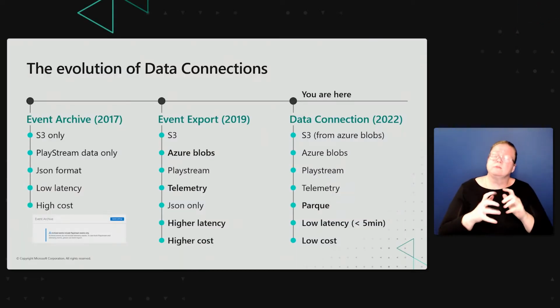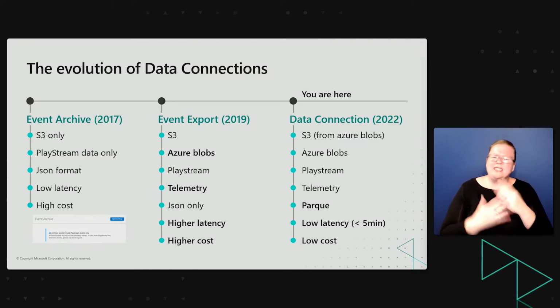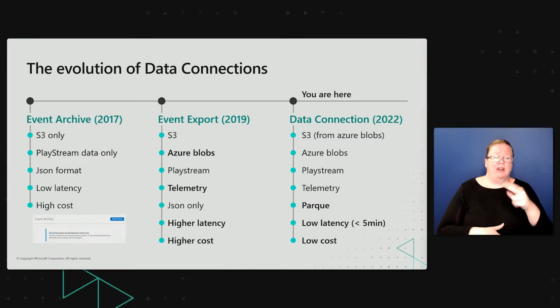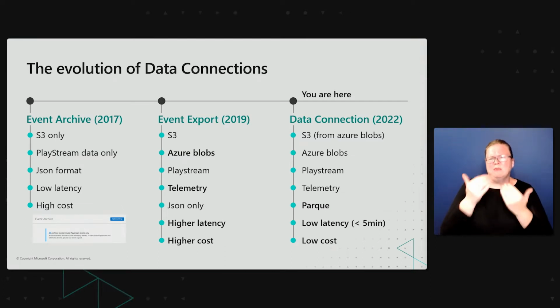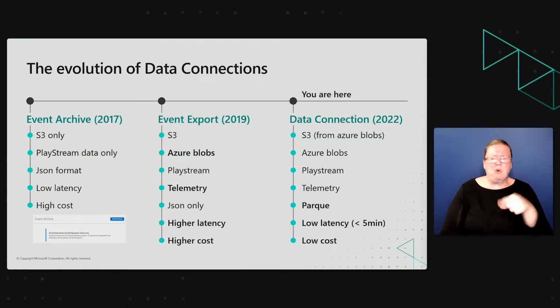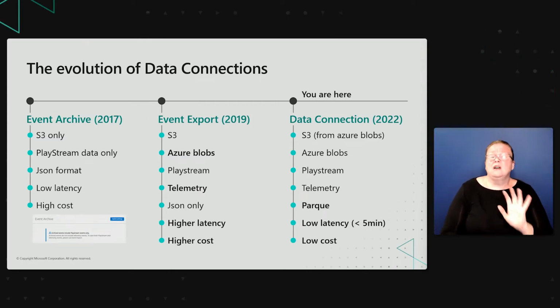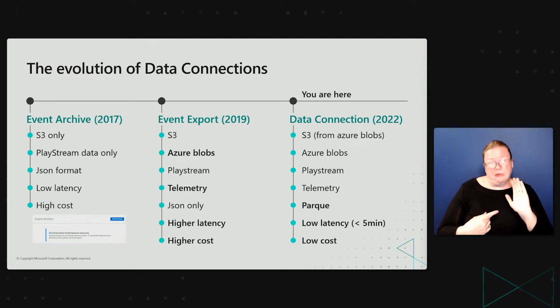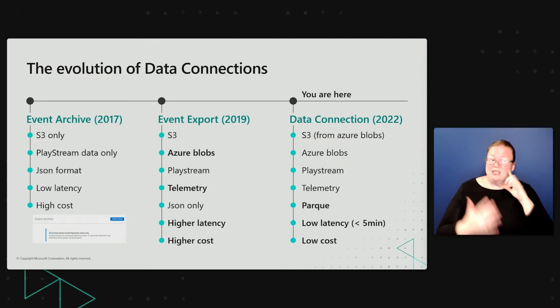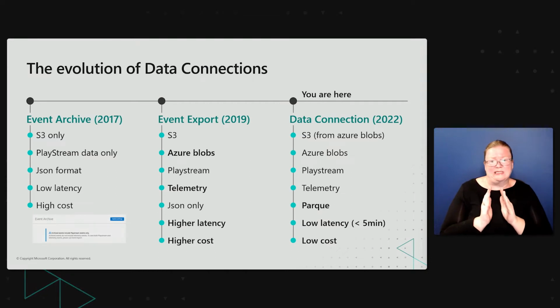The evolution of data connections is quite interesting. A few years ago, we offered Event Archiver, but that came with certain limitations. It only supported S3 blobs. It did not support telemetry. The format was just JSON format, and that came with higher cost because blobs were small and not highly batched.